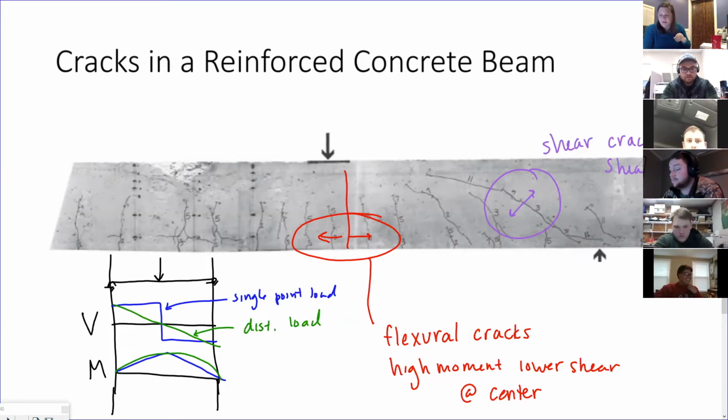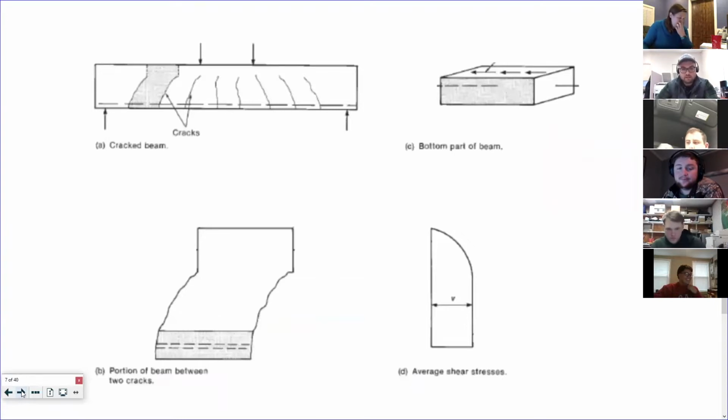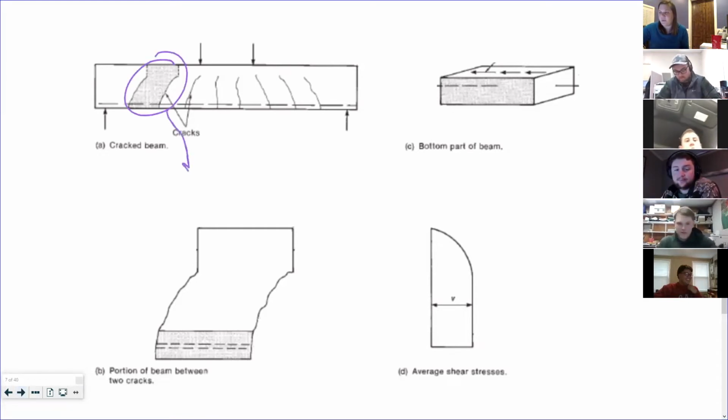Now we're going to pull out our mechanics of materials graph. So I've got this cracked beam and I'm going to look at this section right here. I have a width of delta x.